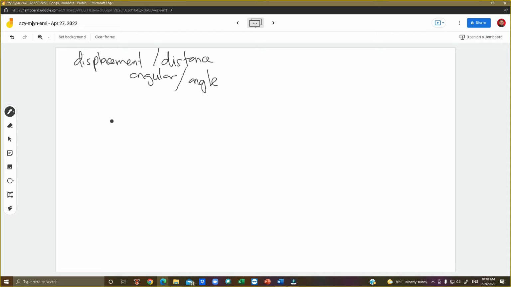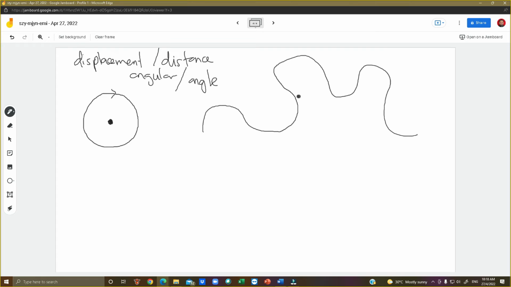Okay, angular motion will involve an axis of rotation. When you see an axis of rotation, you know that the motion is going to be around the axis of rotation. Ini pergerakan angular. Angular tak boleh jadi macam ni. Dia tak boleh pergi depan, dia tak boleh pergi atas. This is not angular. This is curvilinear, because it starts here, it ends there.